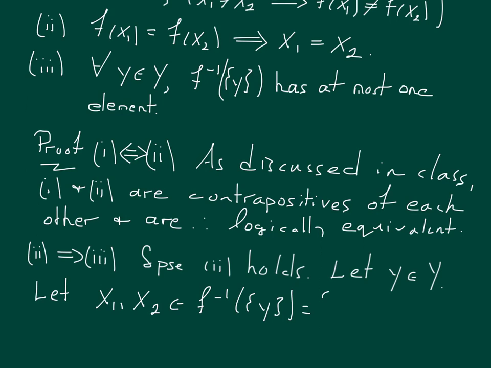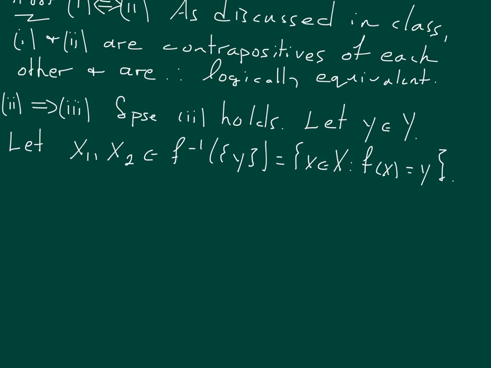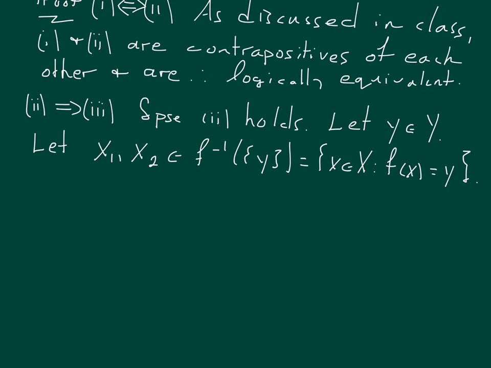Alright. Well, what is this set? First of all, it's the set of all x in X such that f(x) belongs to that singleton set {y}, which in this case just means that f(x) equals y. Alright? So, what do we need to do?